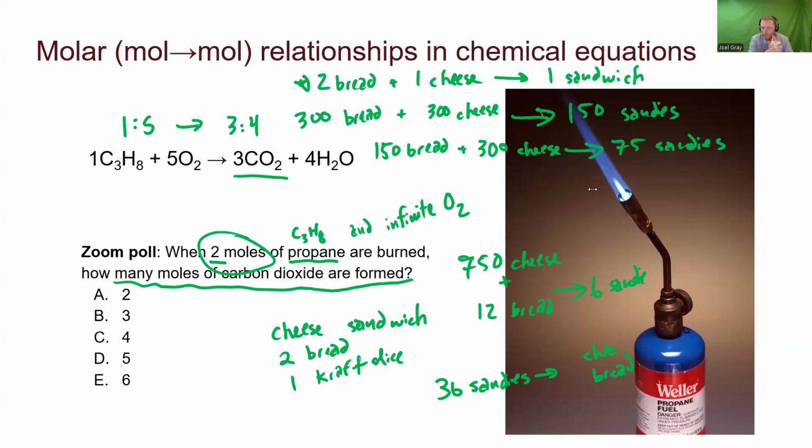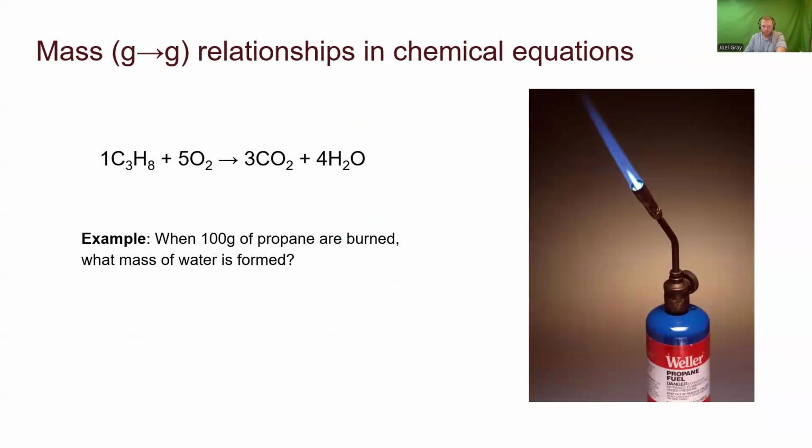You'd say, okay, cool. What do I have? And you would work backwards based on the recipe. What can you make? That's what stoichiometry is, measuring what you have versus what you want to make.